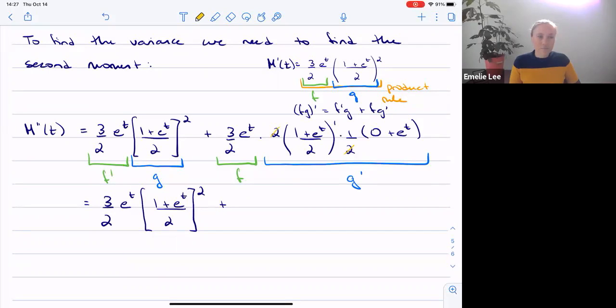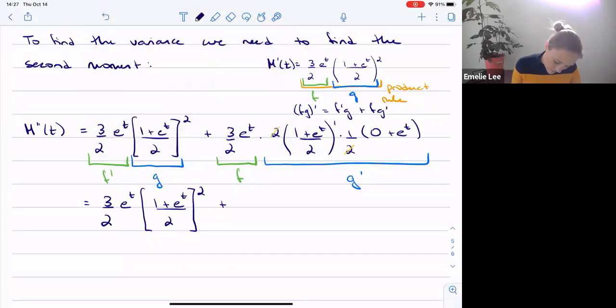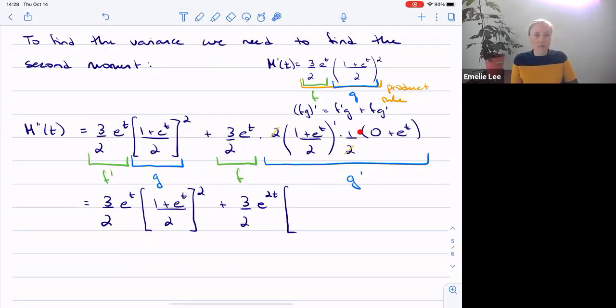All right, those two cancel. And so plus 3 over 2 e to the 2t, times, because now I've taken care of all of this over here, times 1 plus e to the t over 2. No power anymore because it's a power of 1.